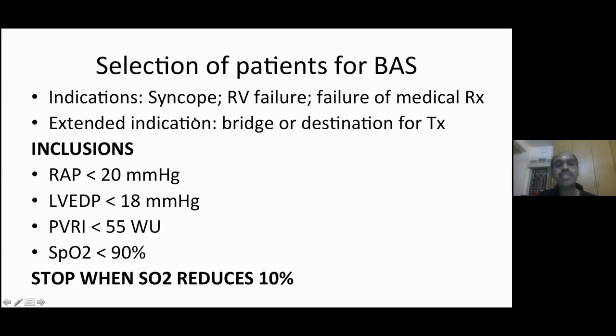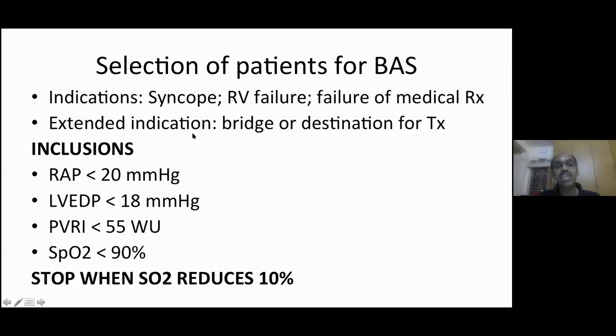Patients who are having syncope, that means patients who are unable to increase their cardiac output occasionally. Number two, patients who are having severe right ventricular failure, that means the right ventricle is dilated beyond a point that the Frank-Starling law is no longer acting and the RV dilatation has gone on to the descending limb of the Frank-Starling curve. Failure of basic medical treatment.